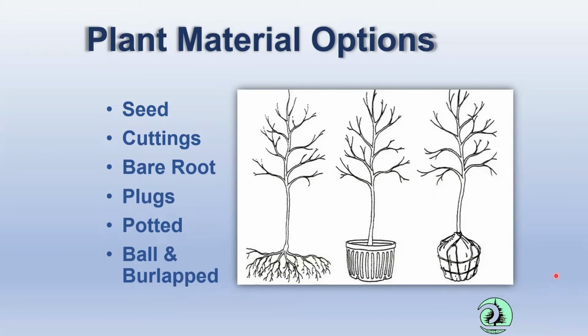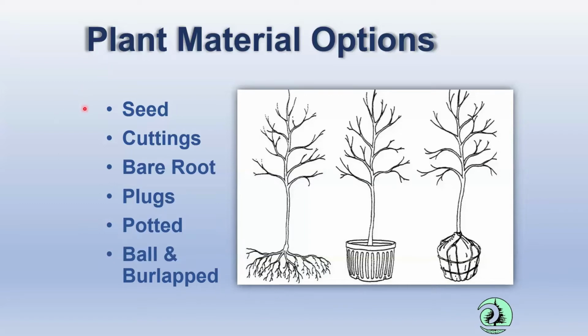Okay, so I wanted to start off with the different kinds of plant materials that you could get to put your plants in the ground. Hopefully you have an idea of the plants that you want. I know it was a lot of information last time about what kind of plants are available, and these plants all come different ways.